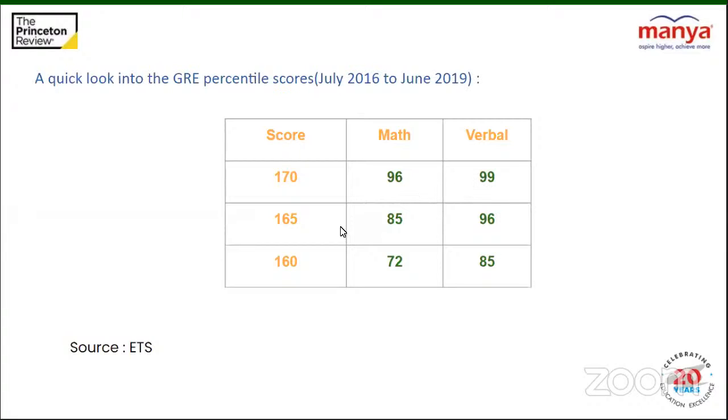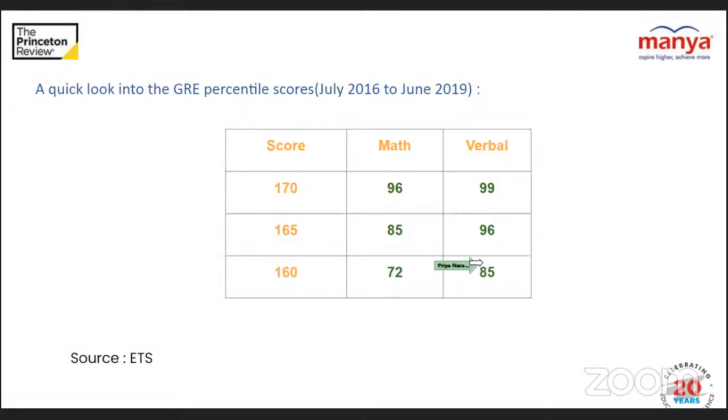Just 5 marks less, as in if you get a 165, your percentile drops to 85, you're in the top 15 percent. But verbal is still 96. But if you get a 160, this is a 72, and this is an 85. Can you see that?